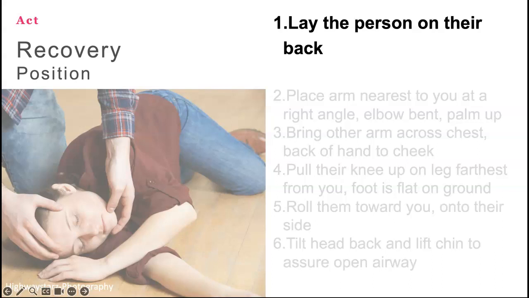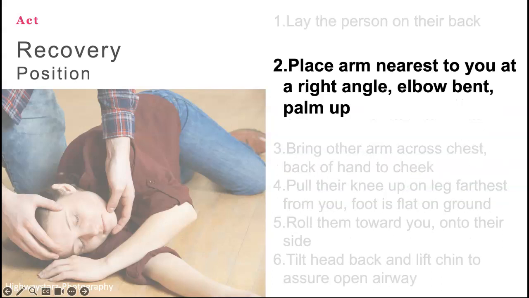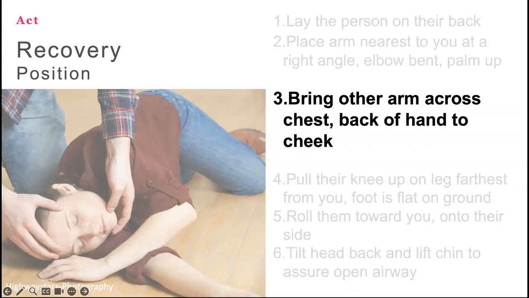So, step 1, lay the person on their back. That's how we're going to get started. Place the arm nearest to you. Bend it at a right angle with the elbow bent and the palm up. The arm farther away from you, we're going to bring across their chest and place the back of the hand on that cheek.